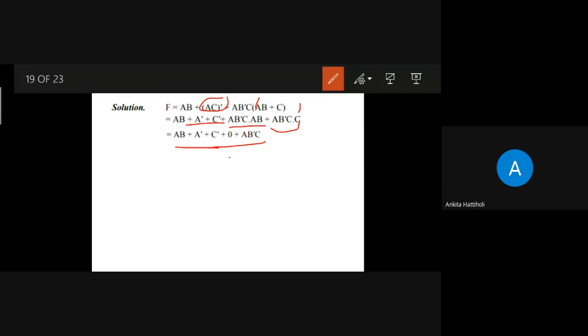Up till here was it understood? Why I have put 0? Here why is that 0? AB plus A bar C bar plus 0.